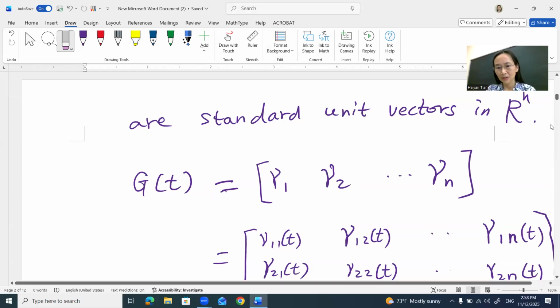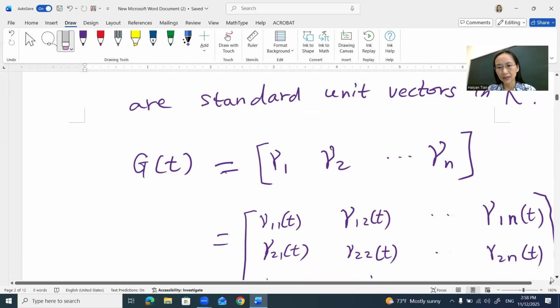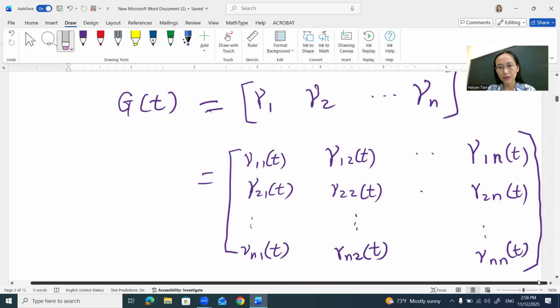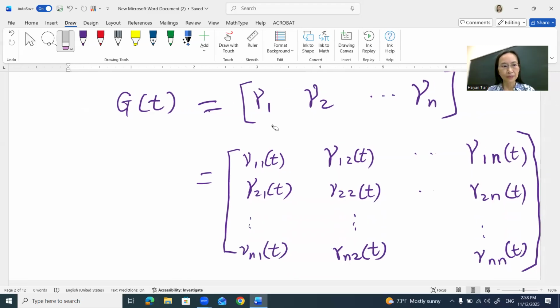So let's look specifically at each column. Gamma 1, because it's the first column, we use two subscripts.